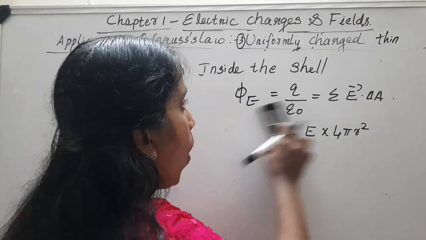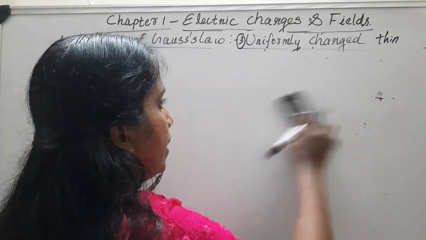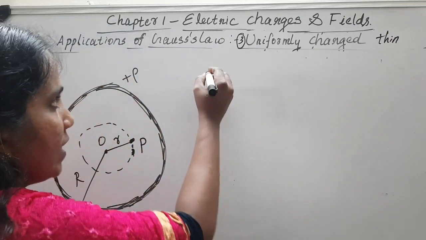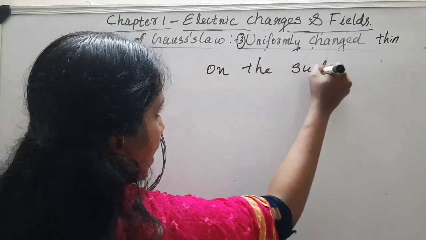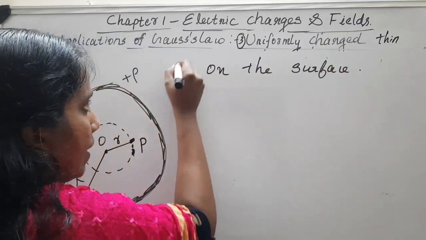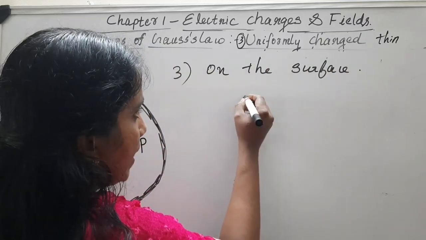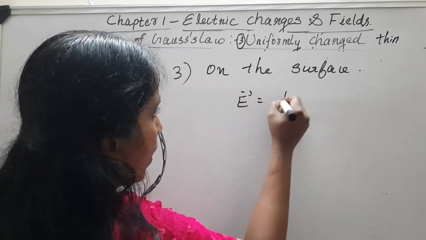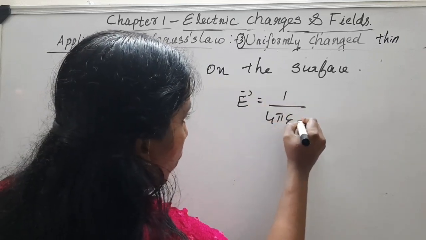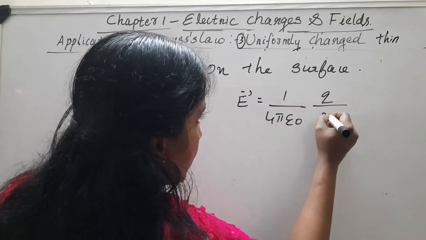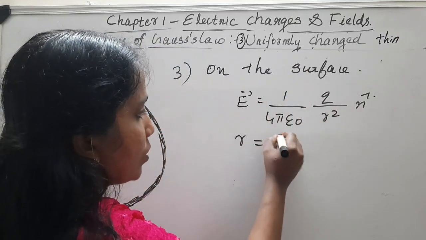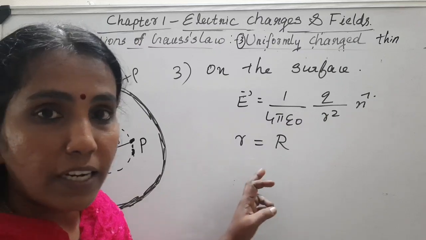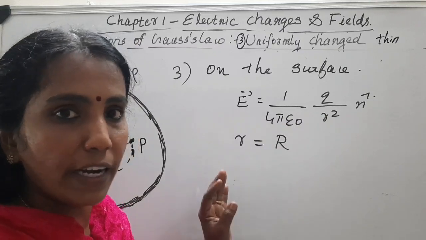Now what about on the surface? The third point is on the surface. That is very simple. On the surface, we start with the same equation we got outside: E is equal to 1 by 4 pi epsilon 0 Q by r square n cap. On the surface means r is equal to capital R, where capital R is the radius of the spherical shell.